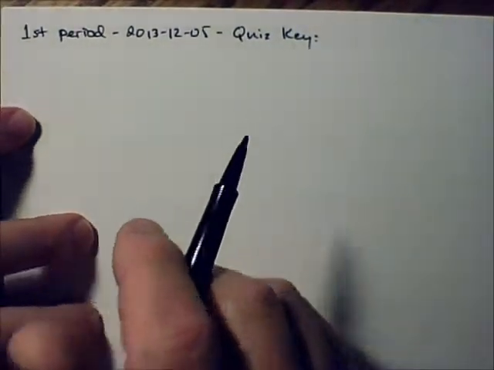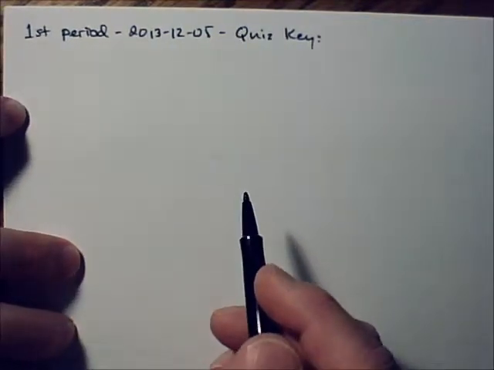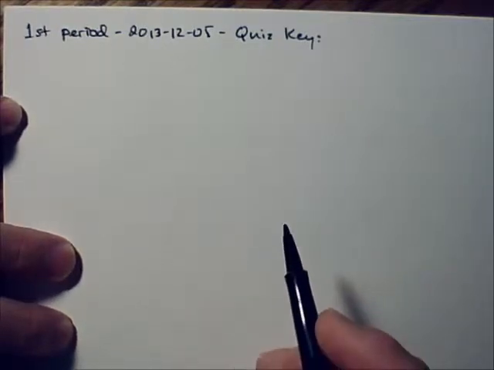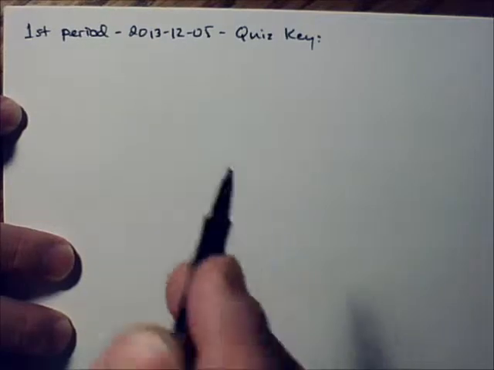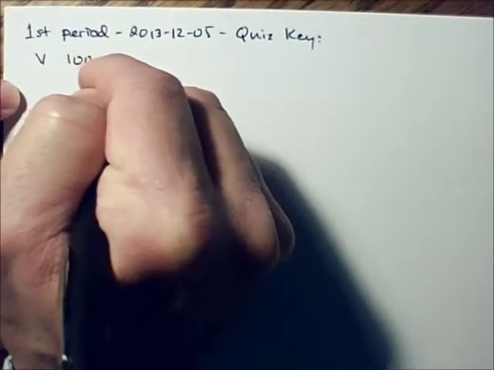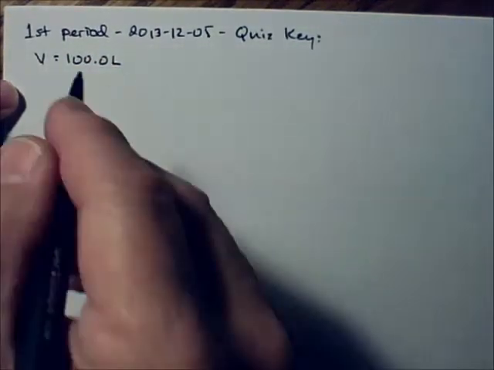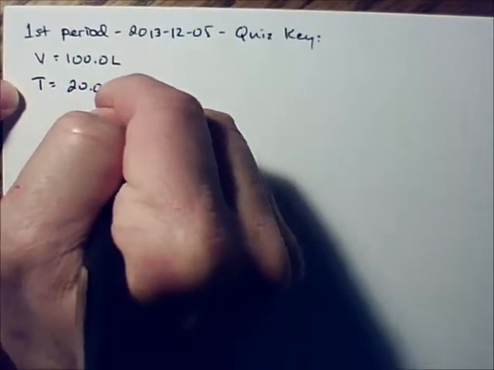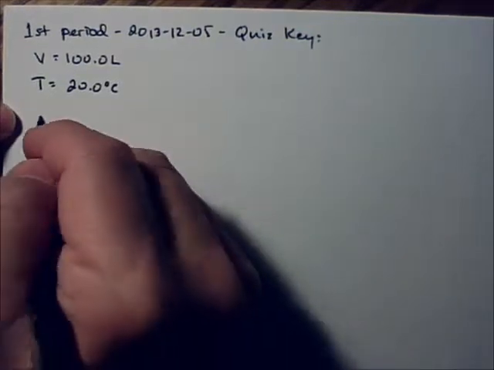Okay, so the question states, if 100 liters of mystery gas. I'm sorry, I got a glare on the board from this angle. 100 liters of mystery gas. So we got a volume then of 100.0 liters at 20 degrees C. So we've got a temperature of 20.0 degrees C. And it's cooled till its volume is, so we've got a new volume.